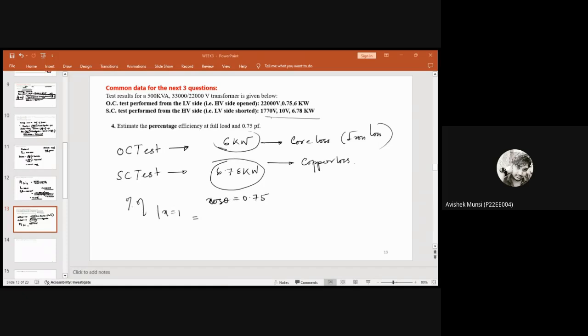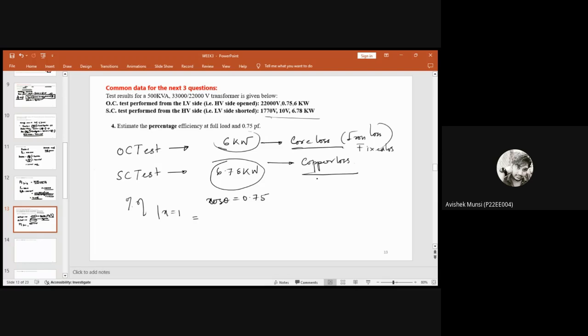But in this problem, one trick is there: this is not the complete core loss, this is not the complete copper loss. For calculating the copper loss, as I said, core loss is the fixed loss, but copper loss is variable. So this is operated with the LV side shorted.